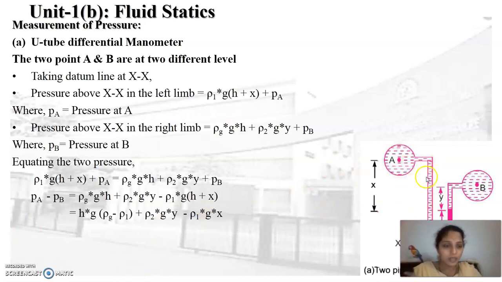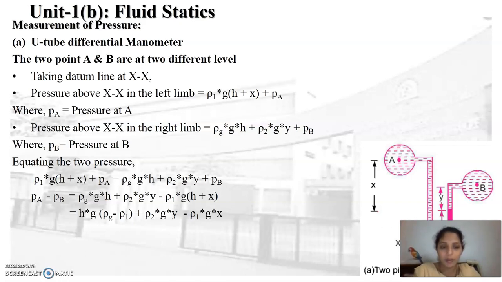Similarly the pressure in the right limb above the datum line XX is PB plus rho 2 G Y plus rho G into H, where rho G is the mass density of the heavier liquid. Generally the heavier liquid is considered as mercury.